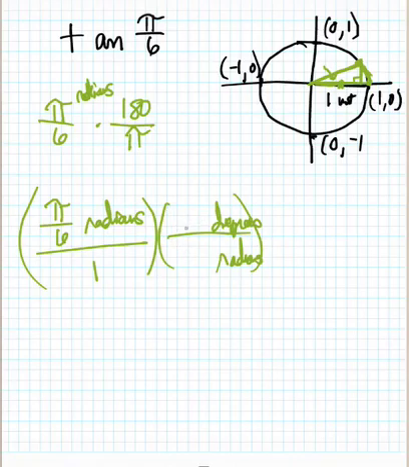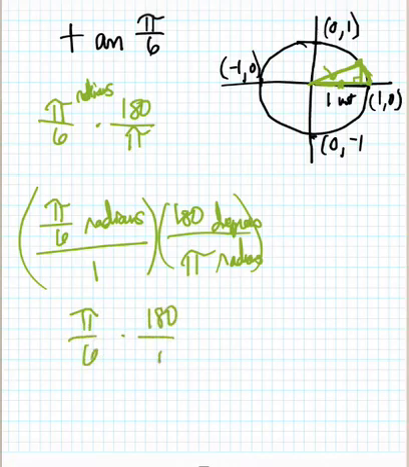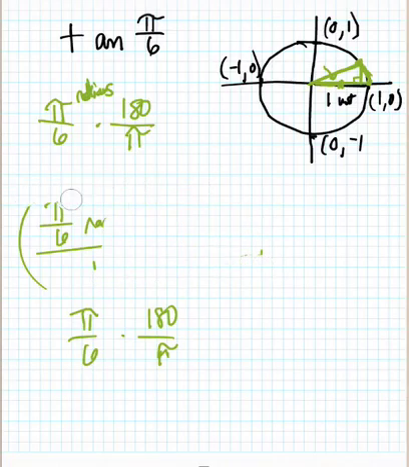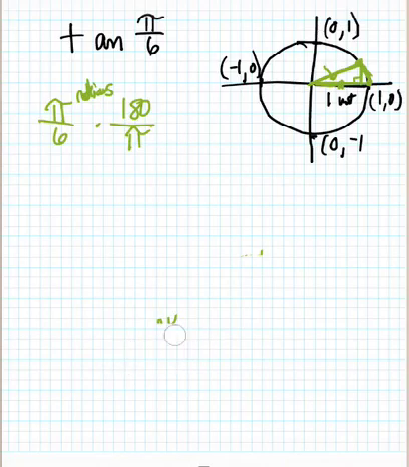So 180 degrees is pi radians, and it's pi over 6 times 180 over pi. I'm hoping that helps it become a little more intuitive why you multiply by 180 over pi to convert from radians to degrees.